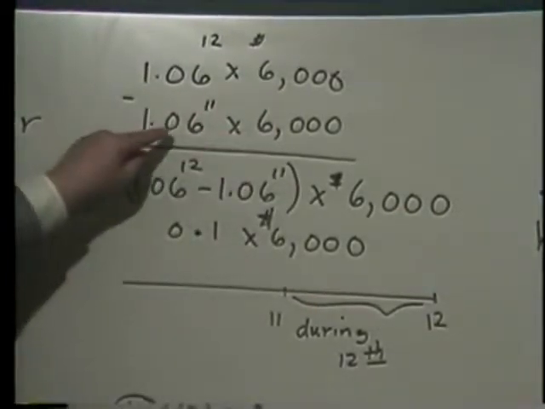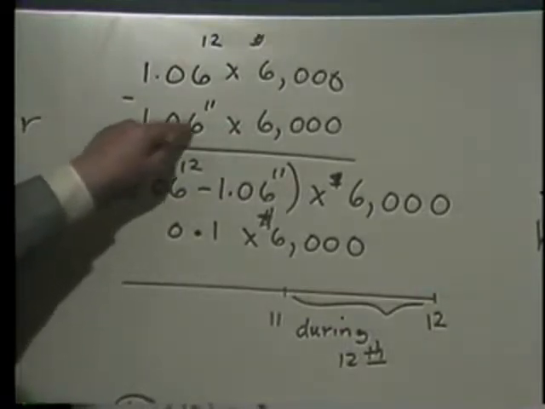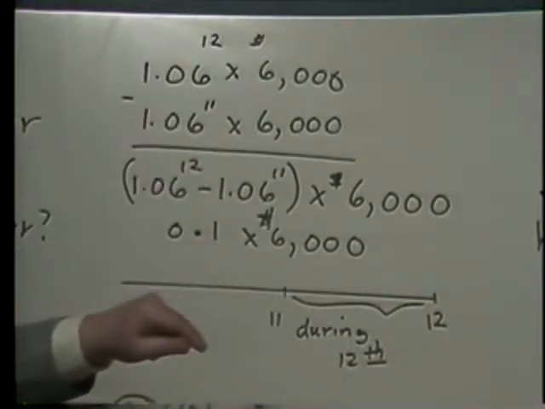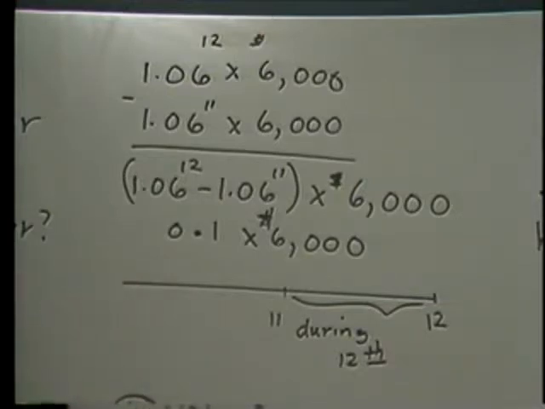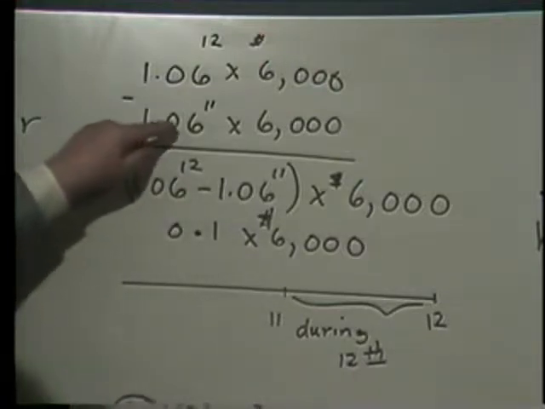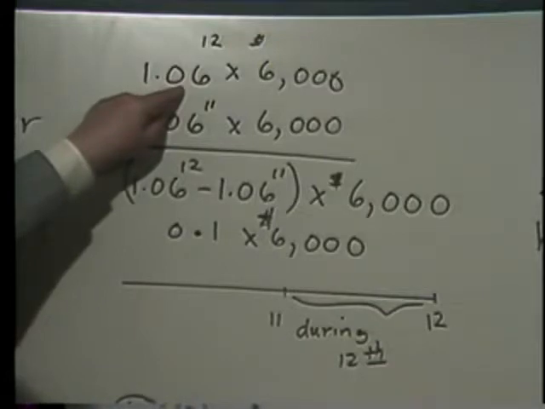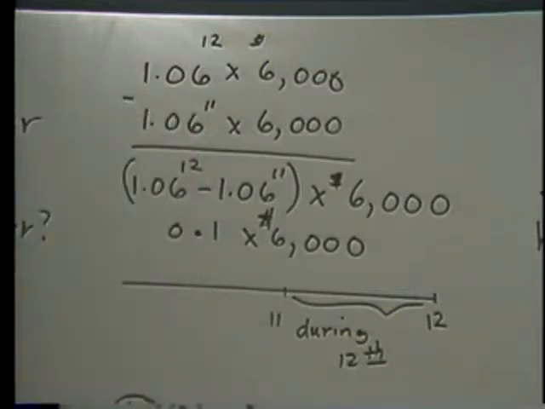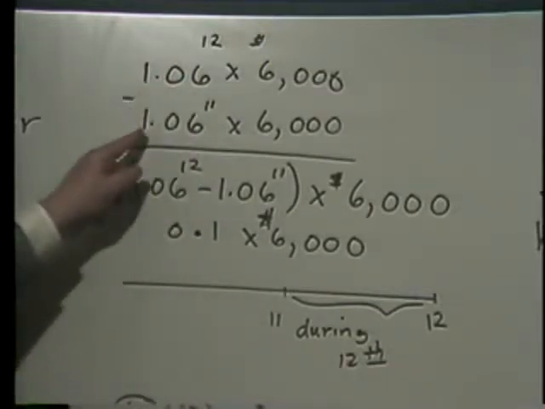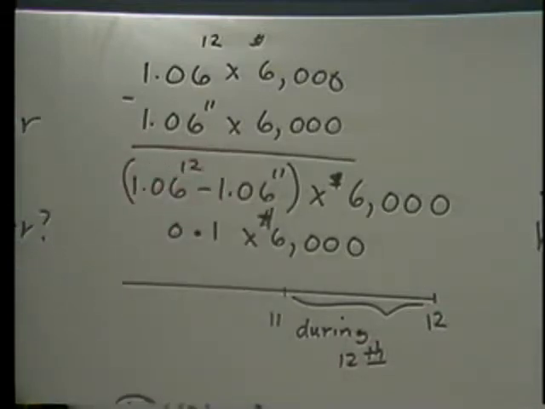If I subtract the worth at the end of the 11th year, which is the same as the beginning of the 12th year, from what I had at the end of 12 years, that tells me how much I earned that year. By the way, the distributive property is a very nice way of subtracting here.